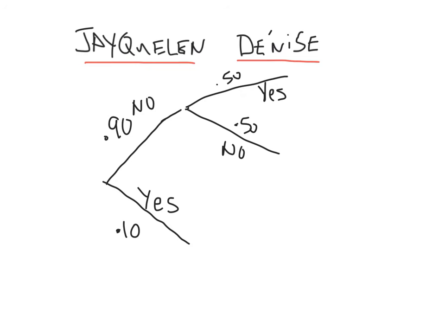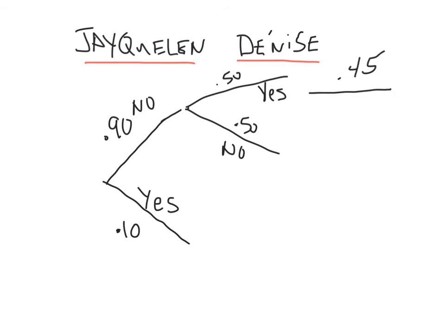So now I multiply these all out, and remember, you just follow the branches. If she says no, and then Denise says yes, I got a prom date. If I multiply those two together, just like we did last time, it's 0.45. And then we do the same thing for all these branches.